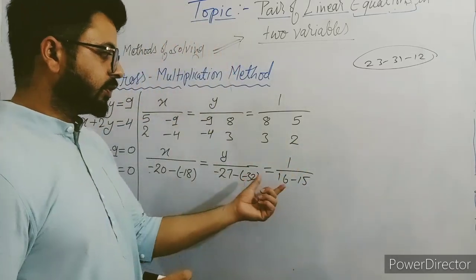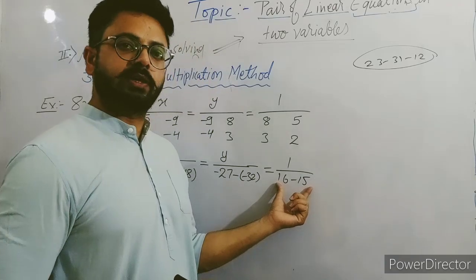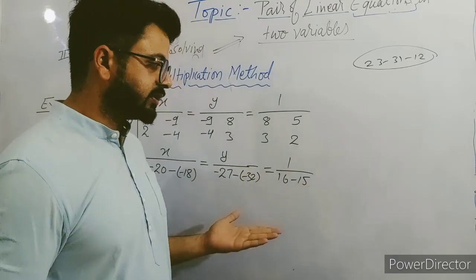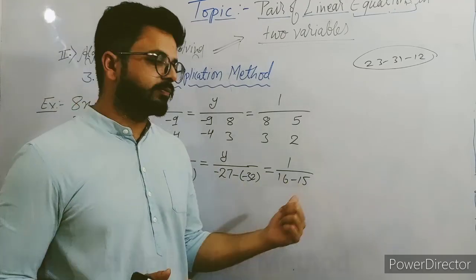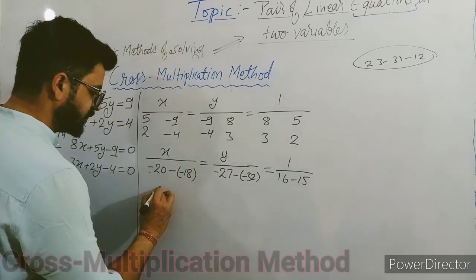It is not necessary that 1 will always come here. Any number other than 1 can also come. So by default in both our examples 1 came, but it can be different also.